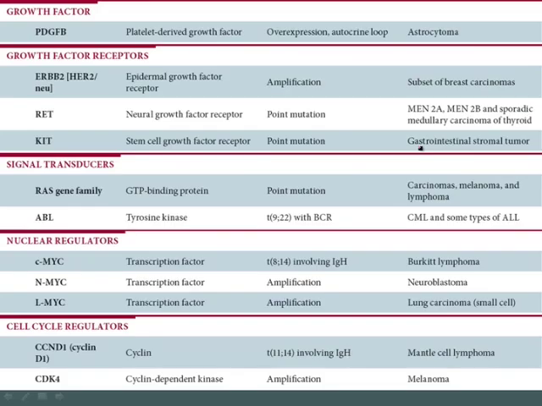Mantle cell lymphoma is a lymphoma of B cells. Actually, why don't I take a step back? Let's create another whiteboard and just explain something. What is a mantle cell lymphoma first? So here's a lymph node. Remember that within the B area of the lymph node, the cortex of the lymph node, that's where the B cells live. Within the B area, you have follicles. So this is a follicle.